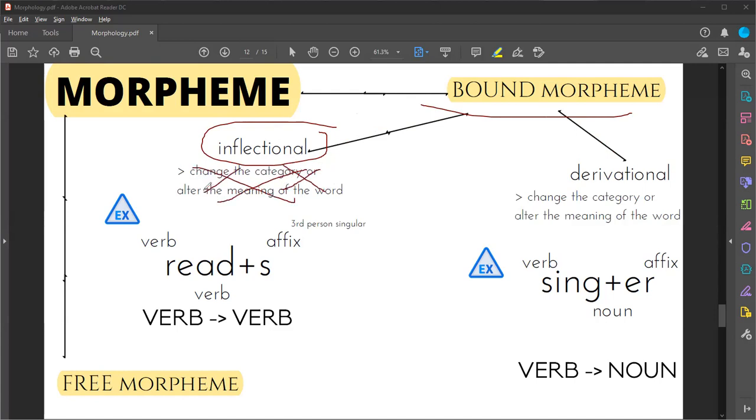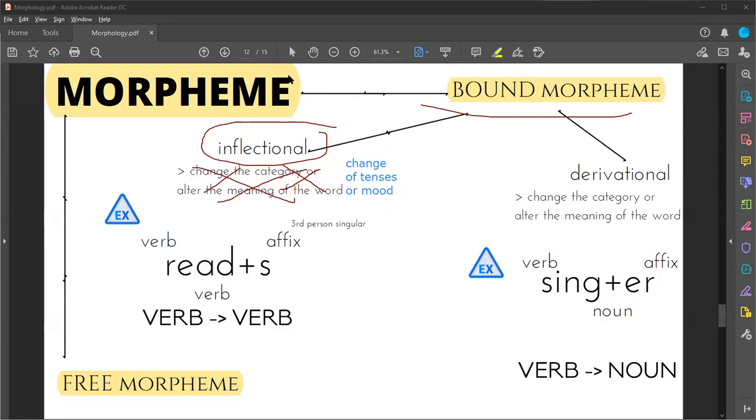This is just a change of tenses or mood. So in here, class, inflectional changes the tenses or mood.